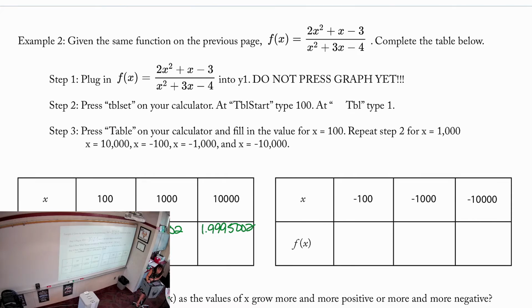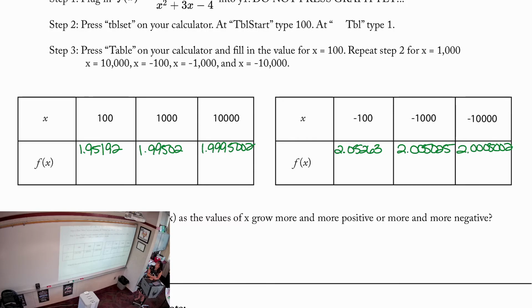When I go towards negative infinity, you'll see 2.05263, then you'll see 2.005025, and then another 0 gets added for 1,000. If I use limit notation, what this would say is the limit as x approaches infinity of f of x is equal to 2. Likewise, we would approach negative infinity on the other side.